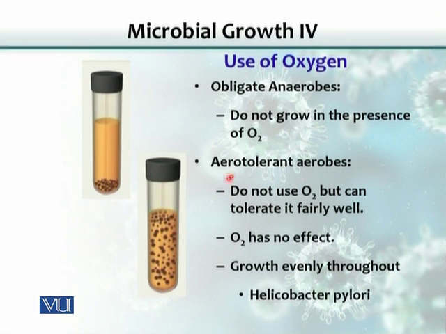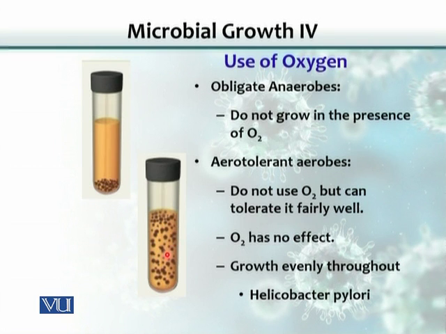Another group is aerotolerant aerobes. These are very interesting microorganisms. They do not use oxygen at all, but they do not mind the presence of oxygen either. So their growth would be evenly distributed. Whether oxygen is there or not, they do not use it, but they can grow happily even in its presence.